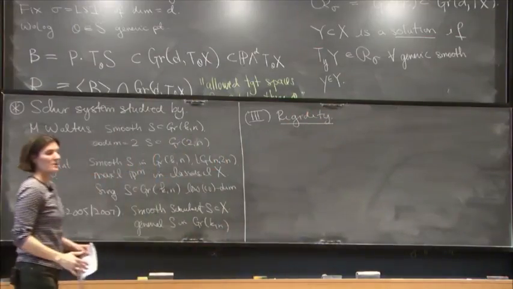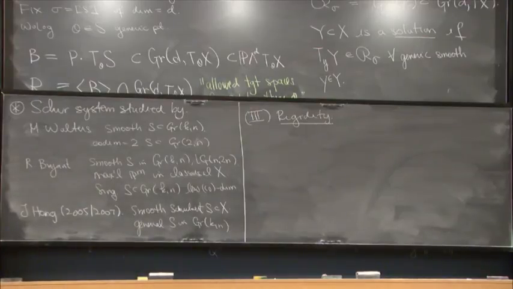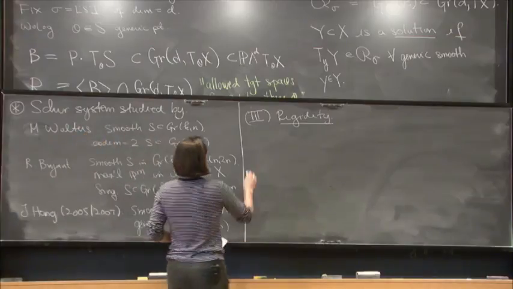So this is the question: when are the Schubert varieties the only irreducible varieties that are homologous to a multiple of a Schubert class?